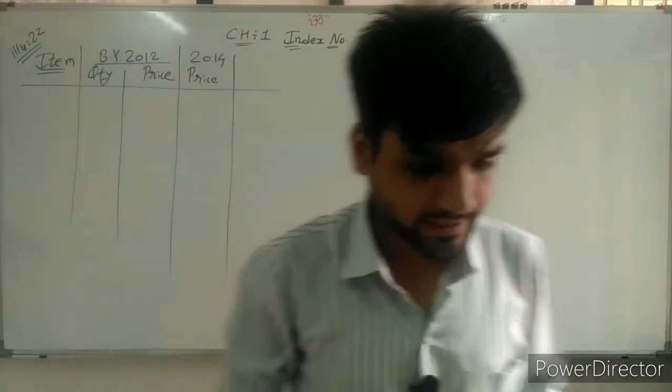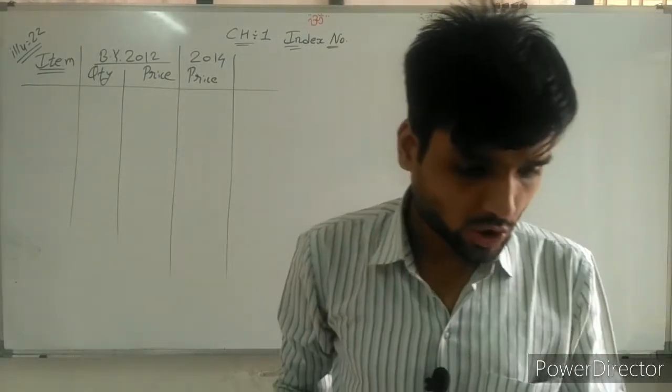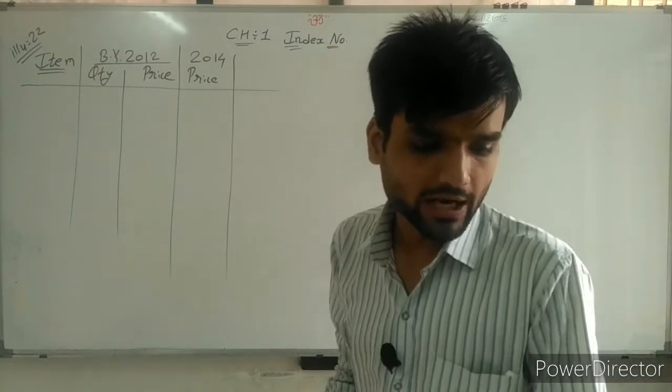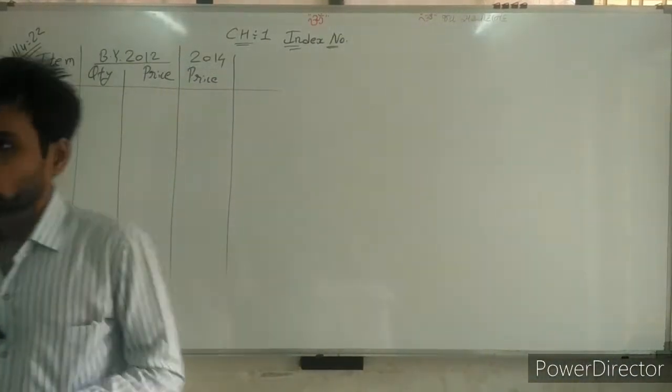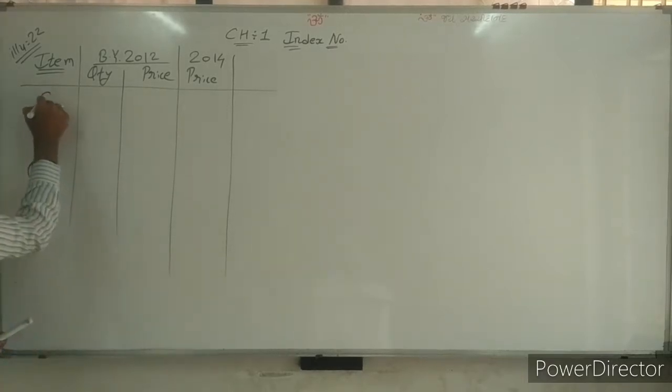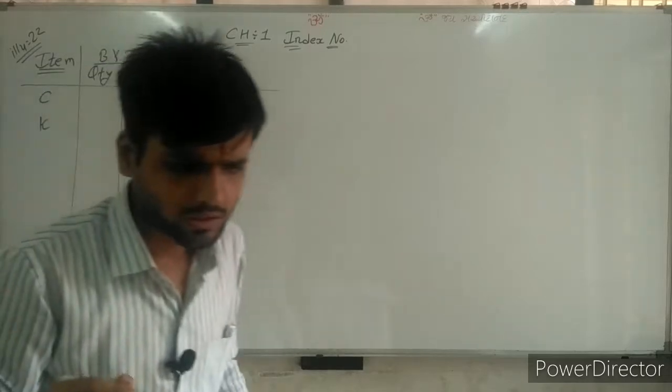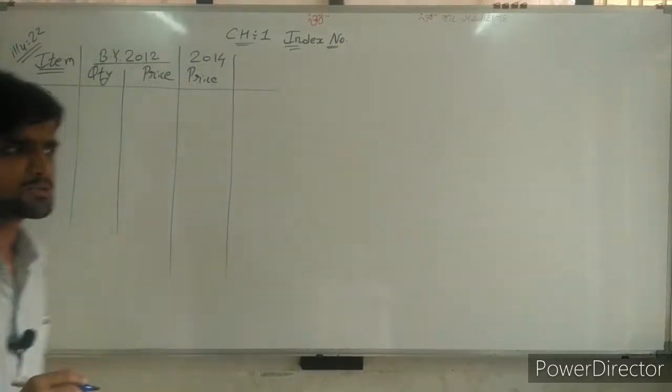Now, next thing, which are the items? Coal, kerosene, wood, matchbox. These four fuel items are available.